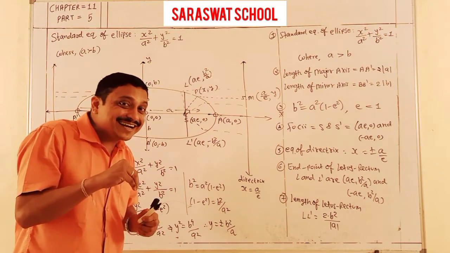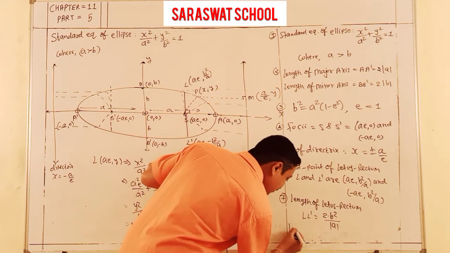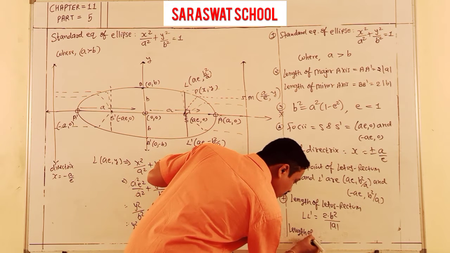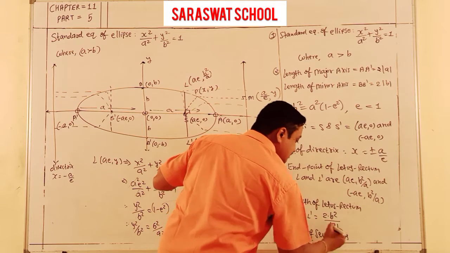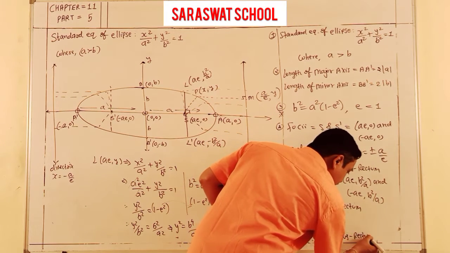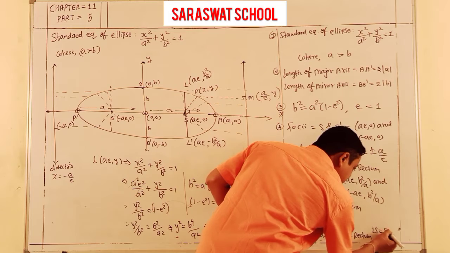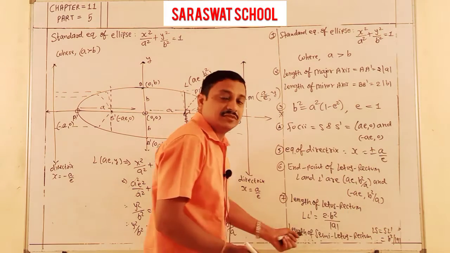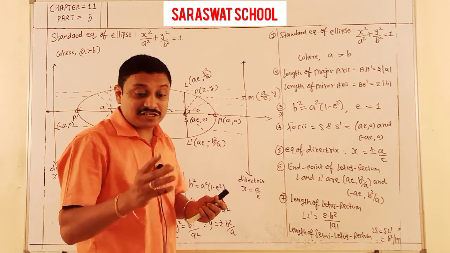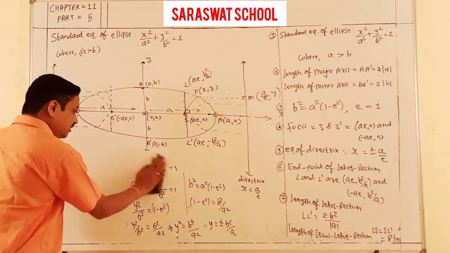And the semi latus rectum, half the length, is either SL or SL dash, which is only b square by modulus a. This is half. Now eight and nine, one more two points I cover in these parts.